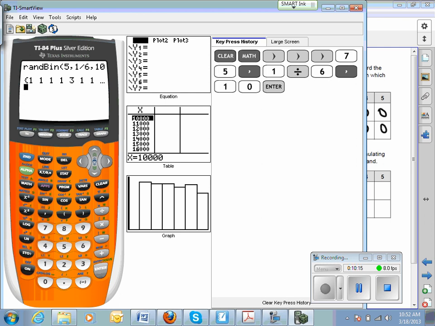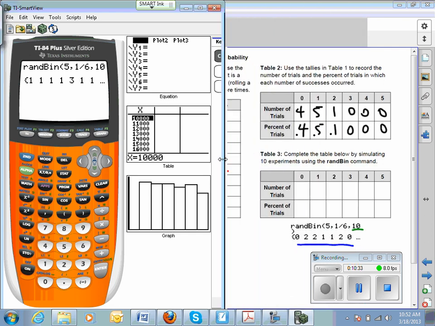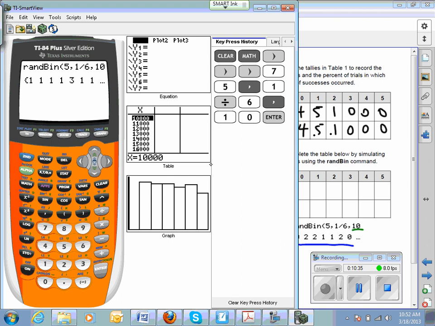And then your output probably is different than mine because it's a random experiment. So mine randomly came out with these numbers of successes, and yours probably looks different from that. All right, so on your paper you can fill in chart 3 what you got, and then I'll fill in what I have up here. So let's see what we got.